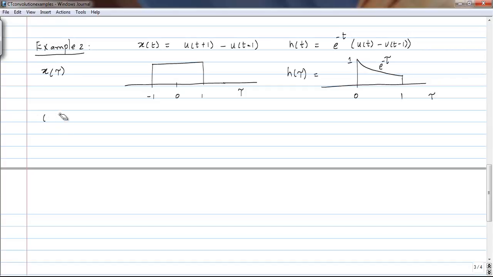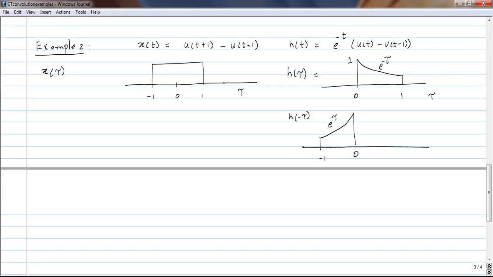Maybe I will even write h of minus tau here. So now h of minus tau is a function that goes between 0 and minus 1, and in this range it is given by e raised to tau.